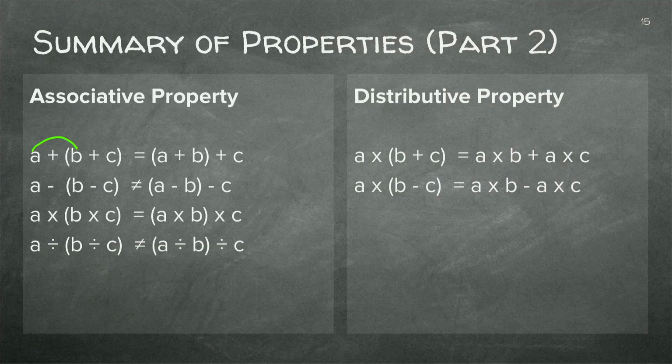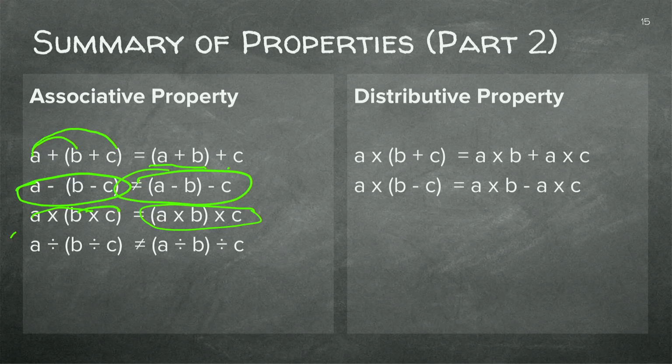Then associative property: A plus B plus C, you can combine it differently. You can say (A plus B) plus C or A plus (B plus C), same answer. Same with multiplication, you can combine it differently. It's still the same answer. But remember, we had the example, if you associate these numbers differently for subtraction or division, it does not always hold true.